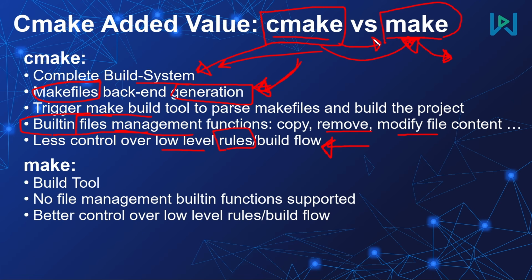However, we rely fully on the way CMake is resolving the dependencies between the different rules. And hence, if we want to customize things at this level, it will not be that easy with CMake.